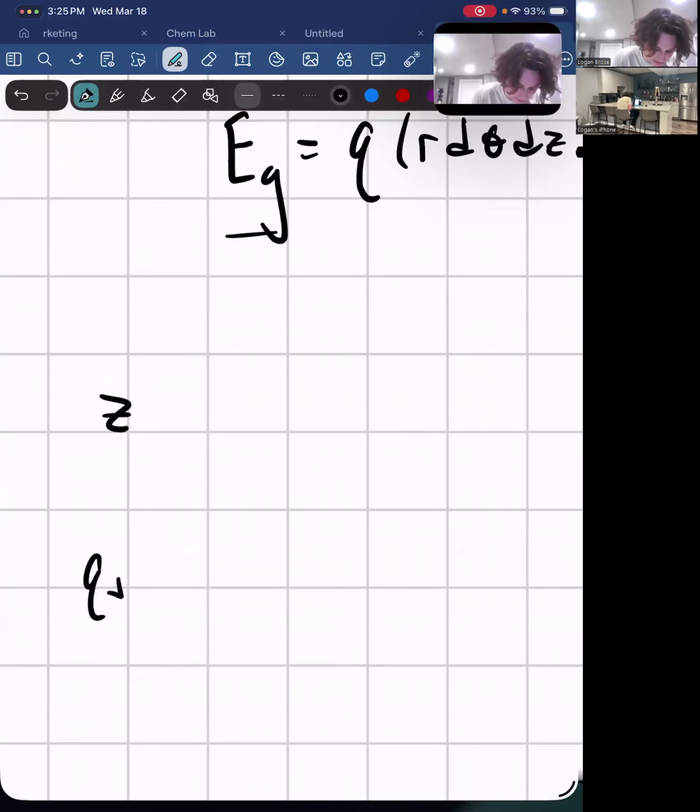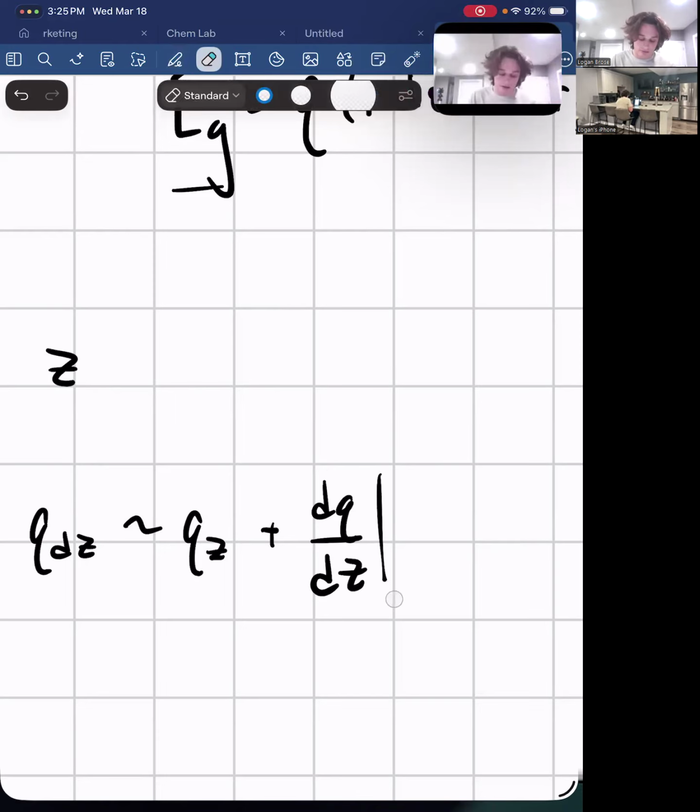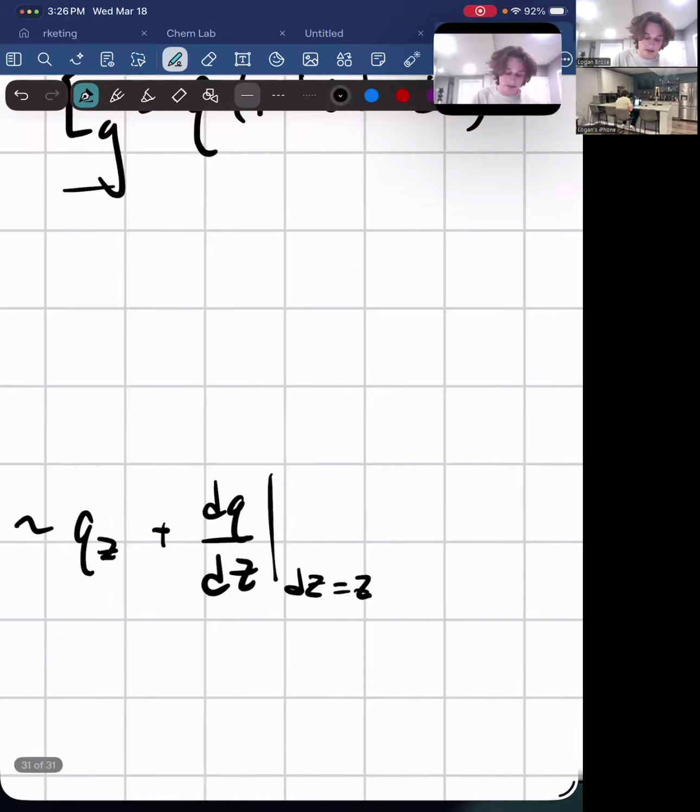We have our Q at z plus dz is similar to Qz plus dq over dz evaluated, right, where z equals our old z, times dz, right?